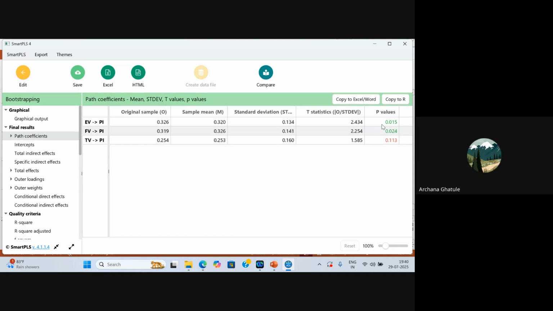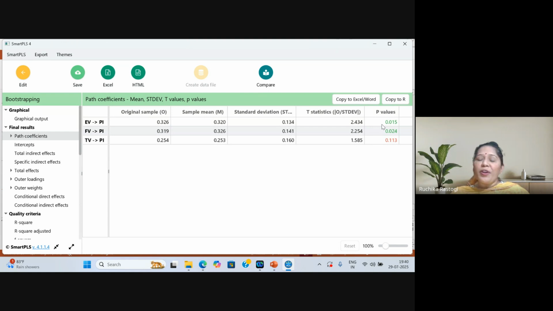So, 0.05, that means this is having a significant relationship. With FV and PI also, there is a significant relationship, but traditional value is insignificant, because the P value is more than 0.05. So there is no significant relationship between TV and PI. Till now, is it clear to you all?